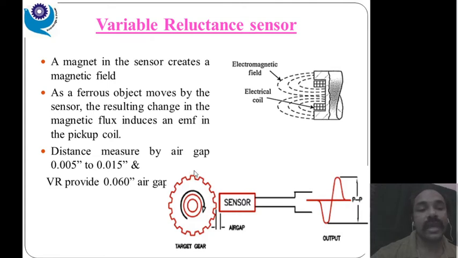Some sensors have an air gap of around 0.005 inch to 0.015 inch, and the very big advantage of our variable reluctance sensor is that it provides a wide air gap, 0.060 inch.